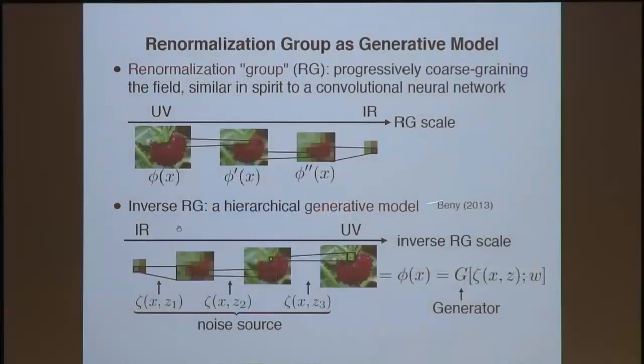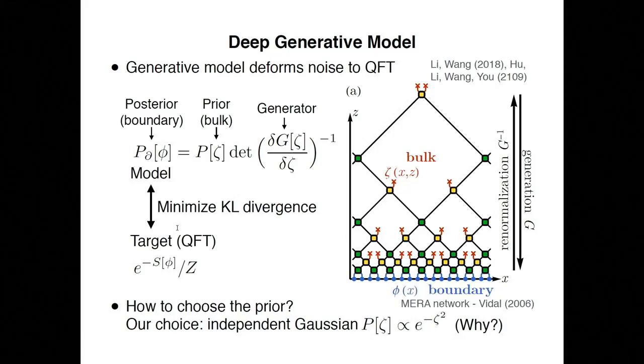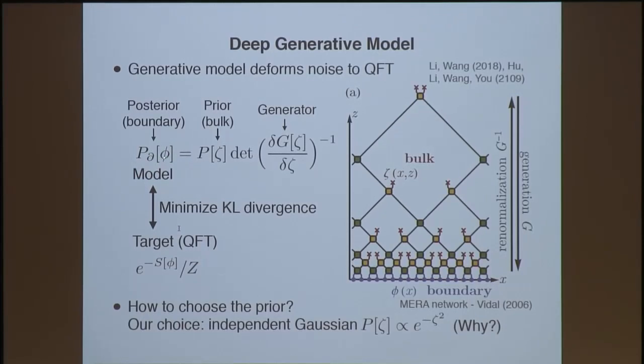So I'm trying to say that training a good way to do RG is equivalent to training a generative model that maps random noise to your field configuration. And of course, the objective is to bring the generative model's probability distribution close to the target distribution, which is given by the quantum field theory action.